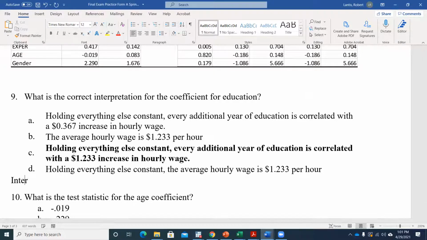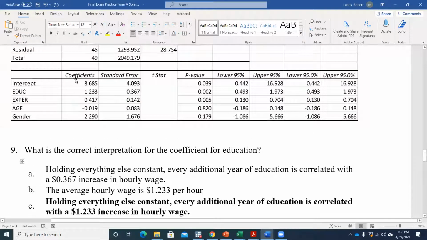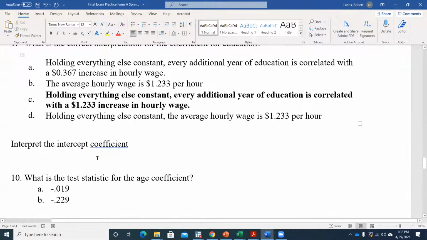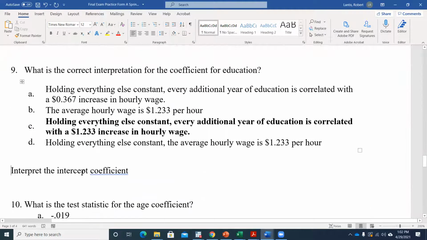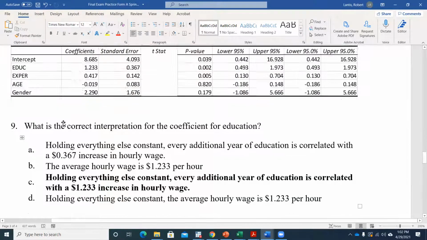So what if we wanted to interpret the intercept coefficient? Sometimes it'll be a little bit weird, but the way we make this interpretation is, if every x variable is equal to 0, the intercept is the predicted value of our y variable. Let me move this so that we can see the output.